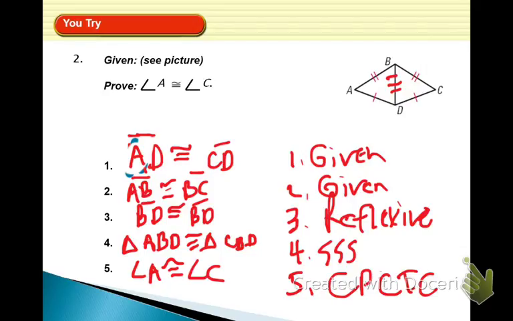Can't happen. The shortcut is the three-letter congruence reason, side, side, side, side angle side, etc. That will always come before CPCTC. Never say triangles are congruent by CPCTC. All right? Okay. It's always for parts, just an angle and an angle, or a side and a side.